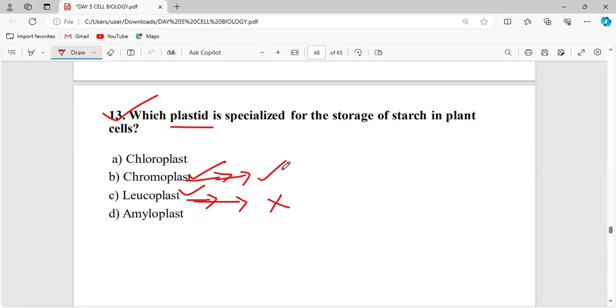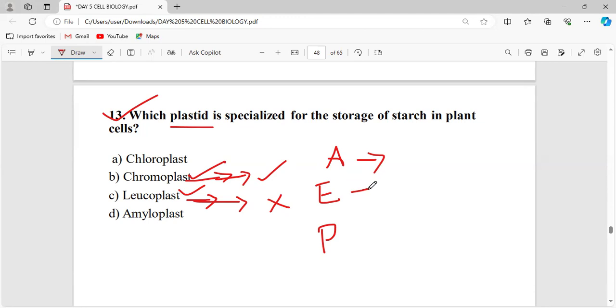As they have the pigment, chromoplasts are involved in the function of synthesis. Very good, synthesis function. In case of leucoplast, as it lacks the pigment, it can't synthesize anything, but it has the capacity to store something. In storage, leucoplast is further categorized into amyloplast, elaioplast, and proteinoplast. And amyloplast is the one that stores amylose, that is starch, in tubers, cotyledons and endosperms, like that.